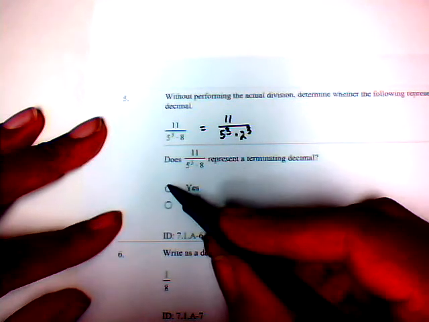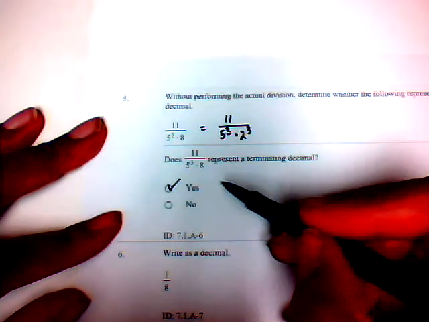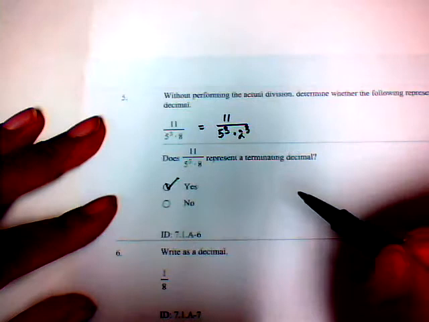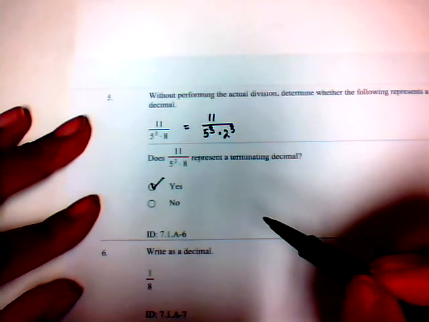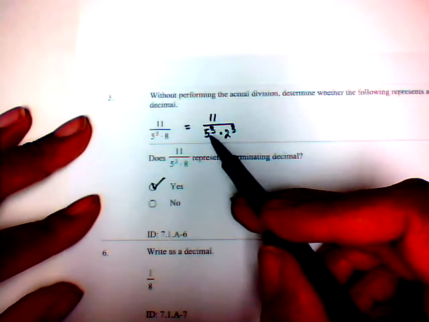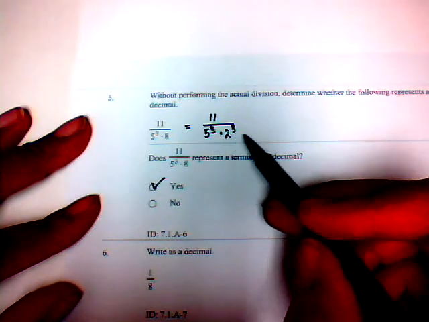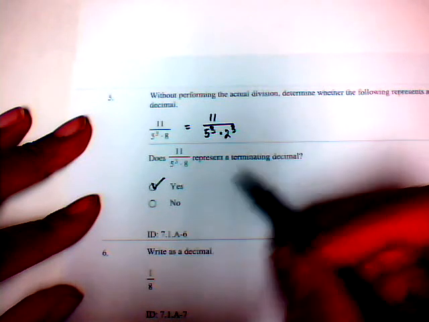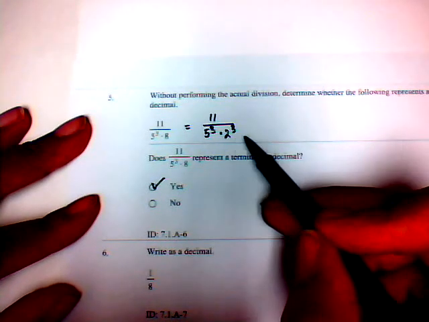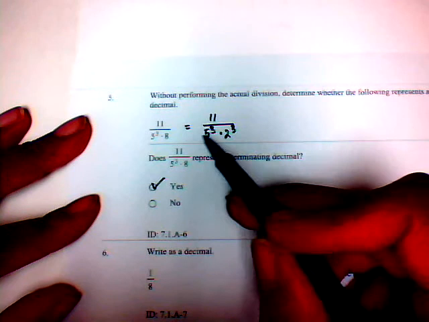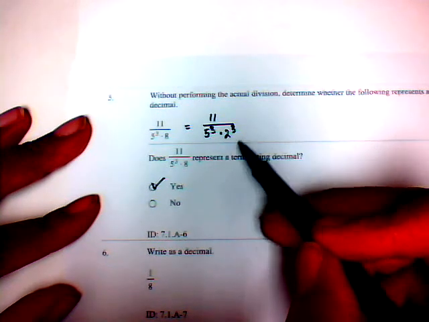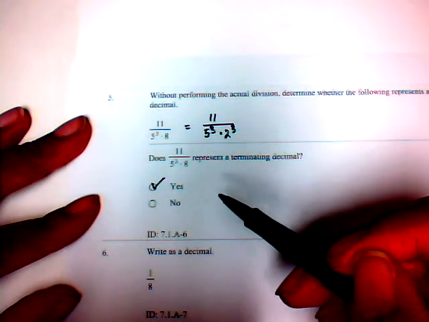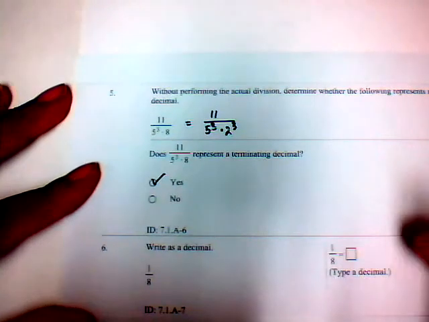In this case, all we have is just 2 and 5, so yes, this particular fraction does represent a terminating decimal. Okay, now let's say we had 5 to the third times 2 to the third times, let's say, 7. Then that would not be a terminating decimal because it has a prime number other than 2 and 5, which is 7. So only 2 and 5 are allowed in the denominator and no other primes.